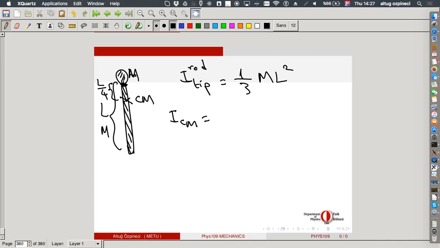So the moment of inertia of the system as a whole for rotations around the center of mass will be, first, we will use the parallel axis theorem. So this is I rod plus m times L over 4 squared. This is the moment of inertia of the point mass.